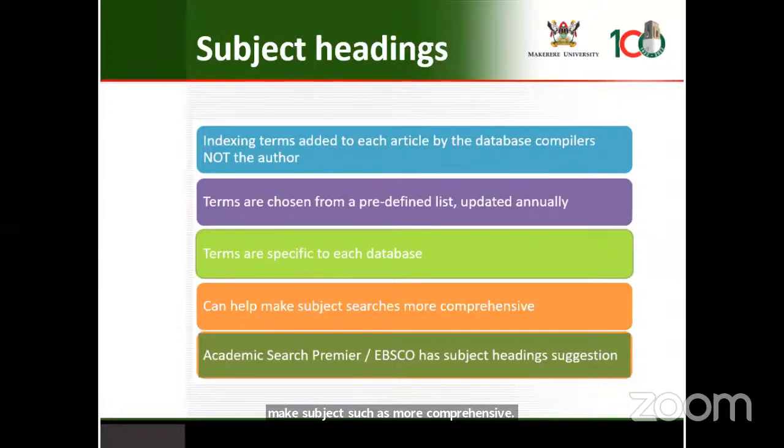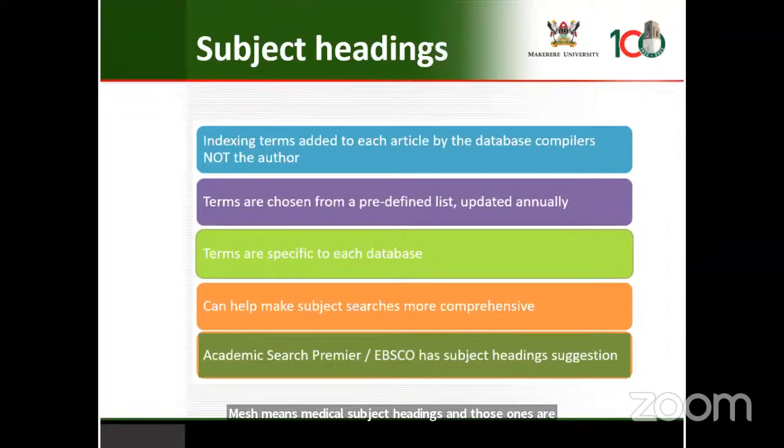And we'll be looking at some of the multidisciplinary databases. So you'll find we have also subject headings in other databases like EBSCO. And we have what we call the medical subject headings or the MeSH. I think someone asked about MeSH on day one. MeSH means medical subject headings, and those are found in PubMed.